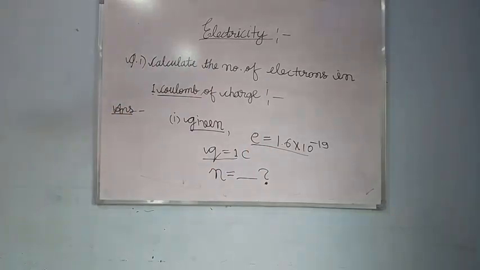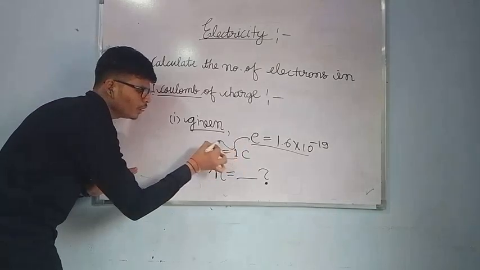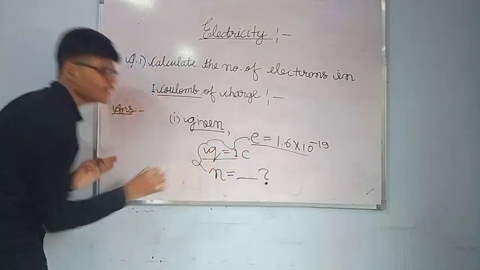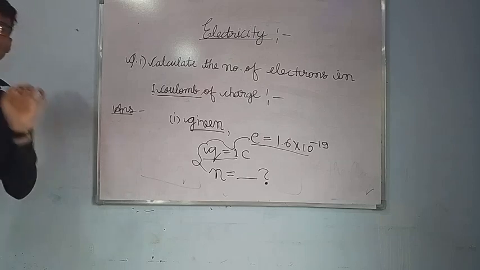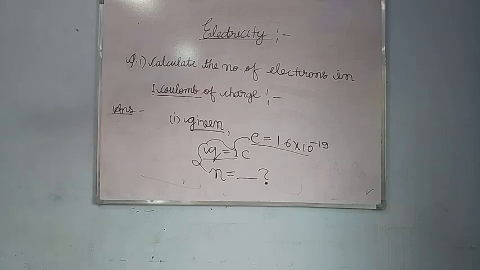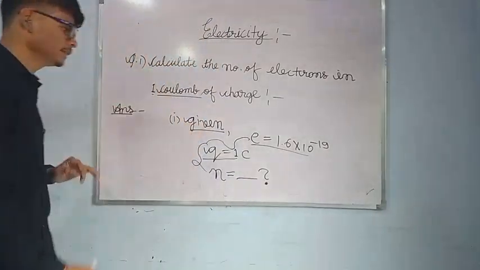Then what are we waiting for? Think of a formula which can relate these three quantities: the value of the electron charge, the charge, and the number of electrons. So what's that basic formula?